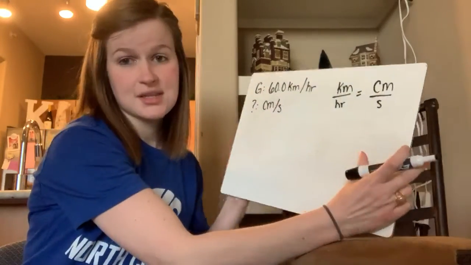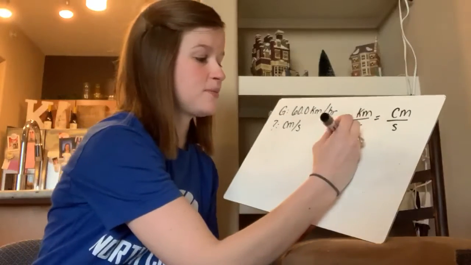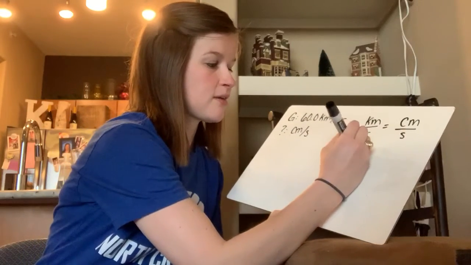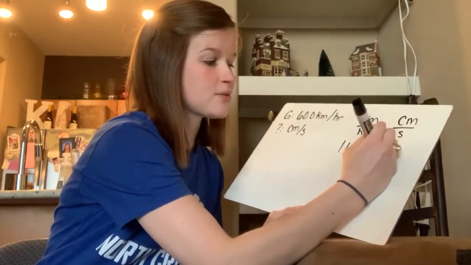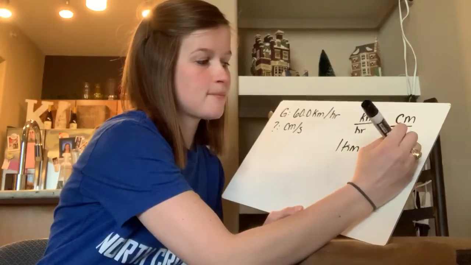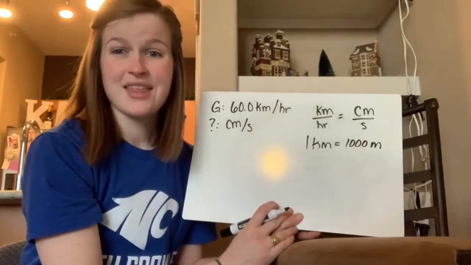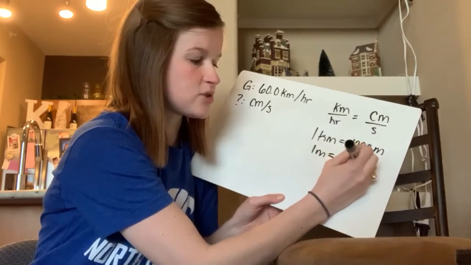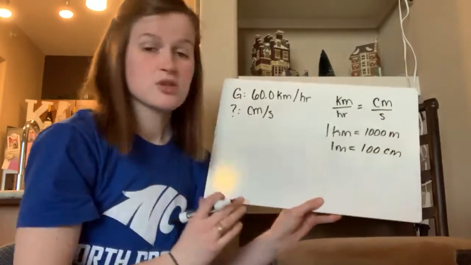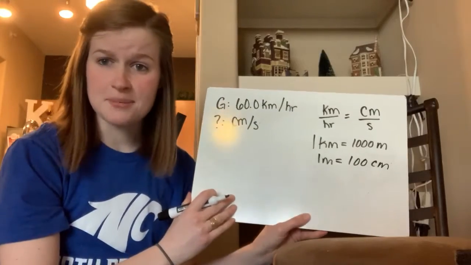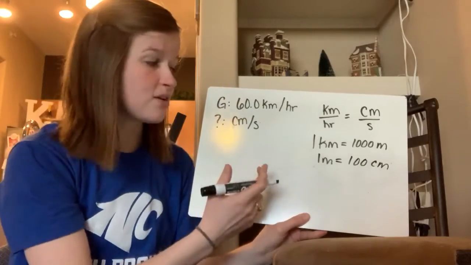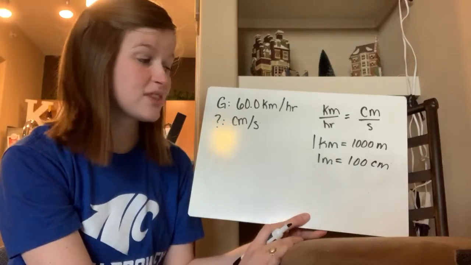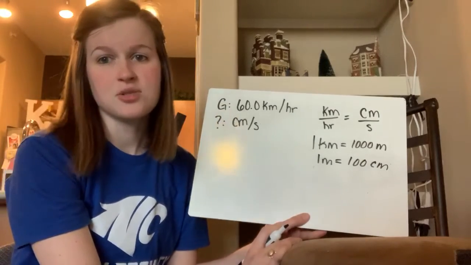So, for instance, a kilometer, I know 1 kilometer is equal to 1,000 meters. And then I know 1 meter is equal to 100 centimeters. So I could do it in 2 different steps. If I know that 1 kilometer is equal to 100,000 centimeters, I could do it in 1 step.